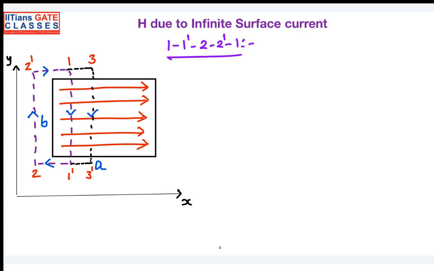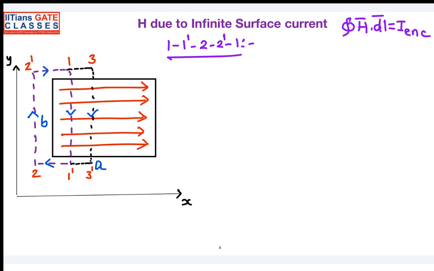What does Ampere's law say right now? The line integral of magnetic field intensity over a closed loop is equal to the current enclosed. When you take any closed loop, the line integral of magnetic field intensity is equal to I enclosed. Now, what will happen when you split the integration?